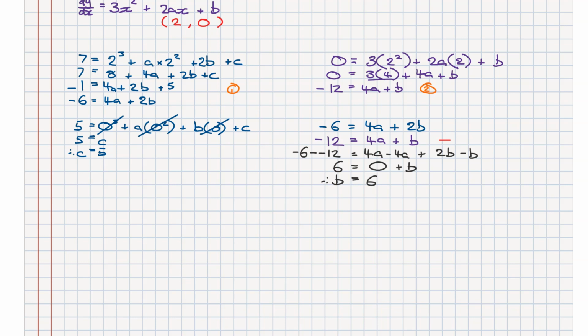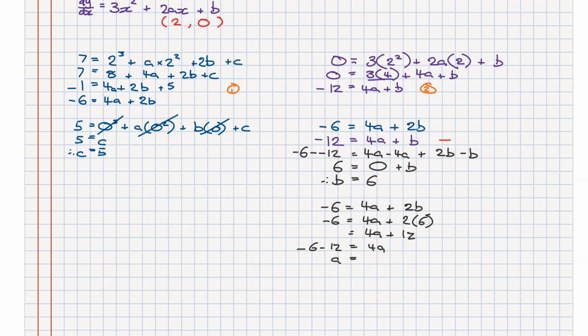And now that we know b equals 6, let's pick our first equation. Negative 6 equals 4a plus 2 times 6. Therefore, this will be 4a plus 12, and therefore negative 6 minus 12 equals 4a.